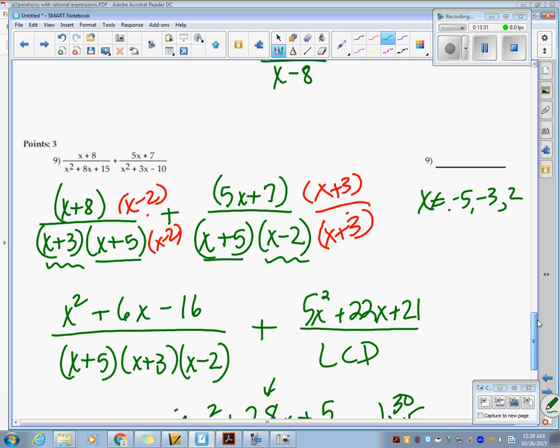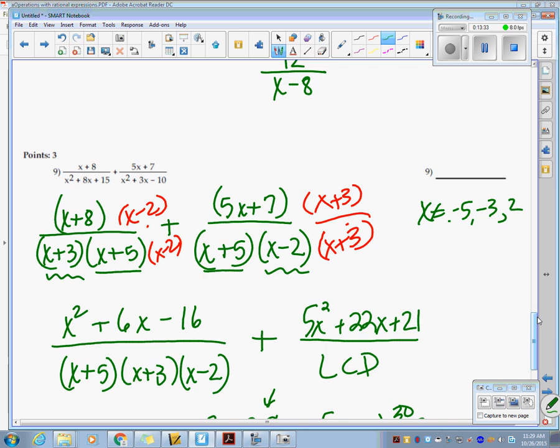And it is 6x squared plus 28x plus 5 all over x plus 3, x plus 5, x minus 2. Hopefully this video has helped you to prepare better for the upcoming test.